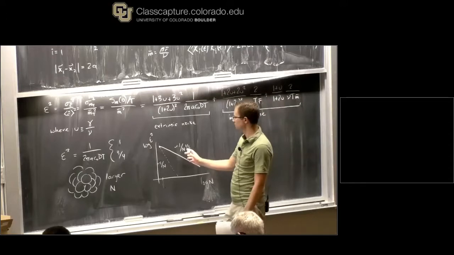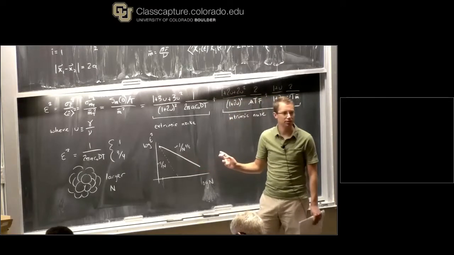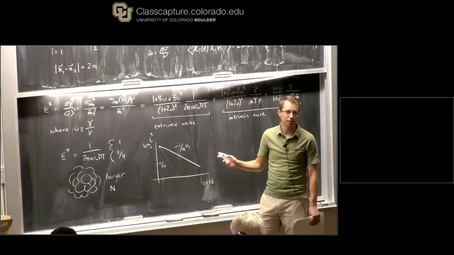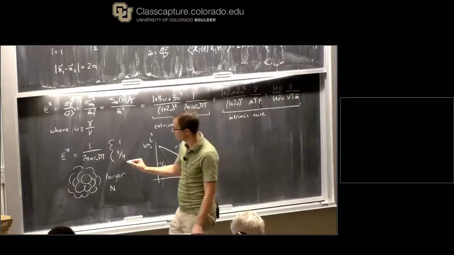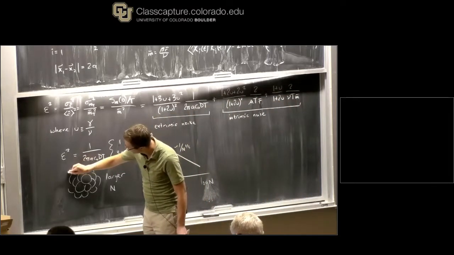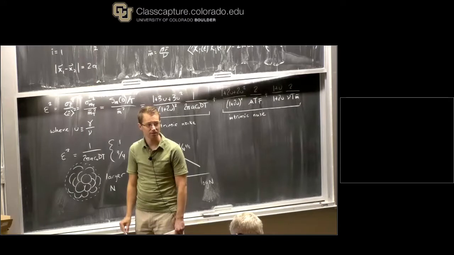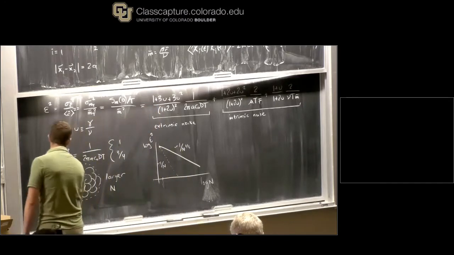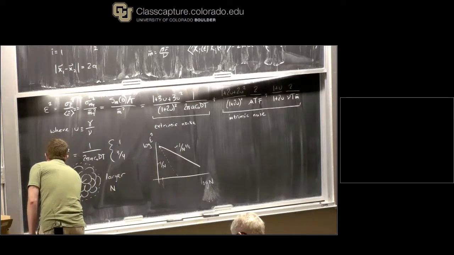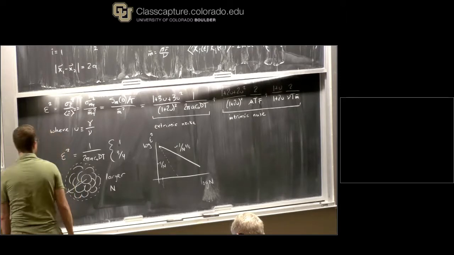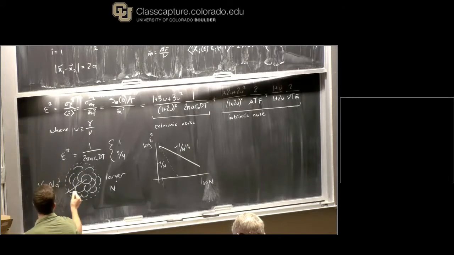Before we do that, can we just understand this 1 over n to the 1/3? I'm going to argue that we can, in the following way. Let's imagine that this clump of cells is big enough for me to approximate it as one continuous sensor. Then the volume of this sensor, n times a cubed, scales such that the length scale of this sensor, which I'll call capital A, scales as n to the 1/3.